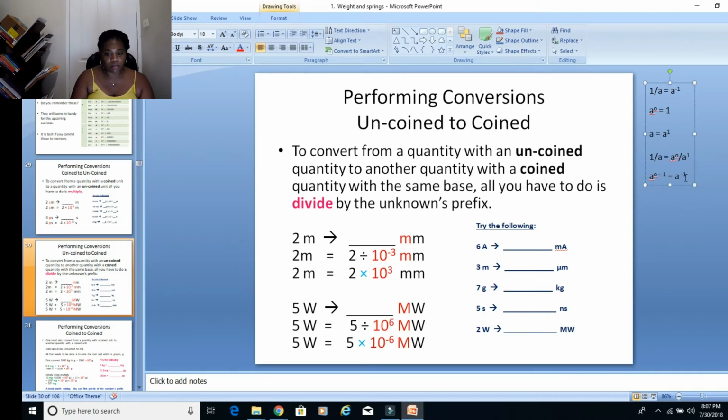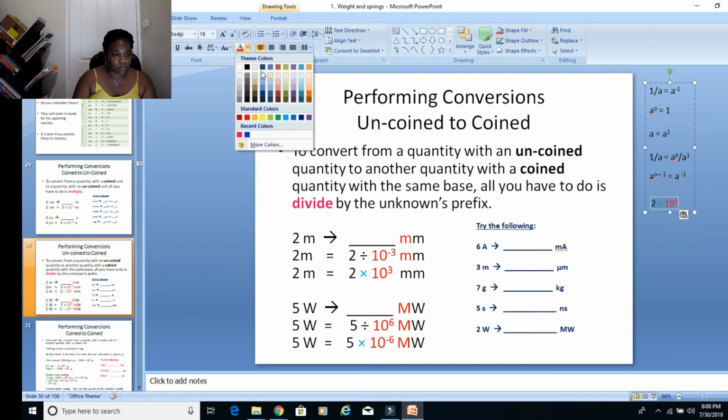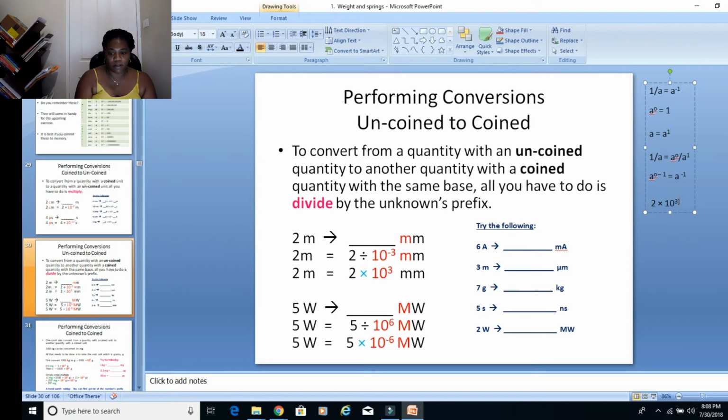If you want me to write it over here so you can see it, this is actually 2 times 10 to the 0, in brackets, and we're going to divide. Now 2 times 10 to the 0, that's what this is.